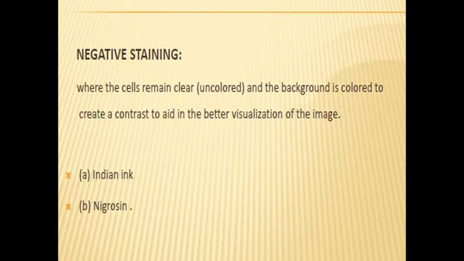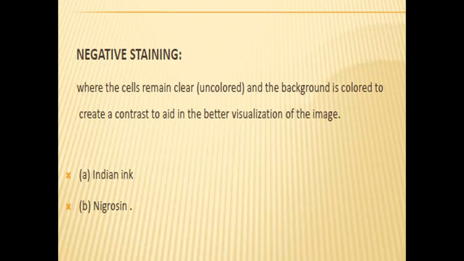After completion of negative staining, when we observe our specimen under the microscope, we observe that the background appears in the color of the stain, and your bacterial cells or any cells do not take up that color, and that's why they appear colorless.